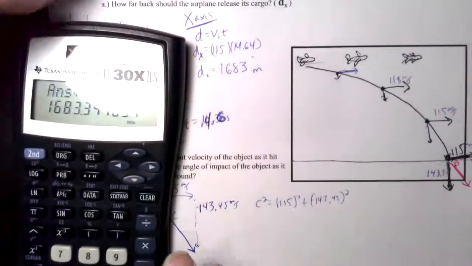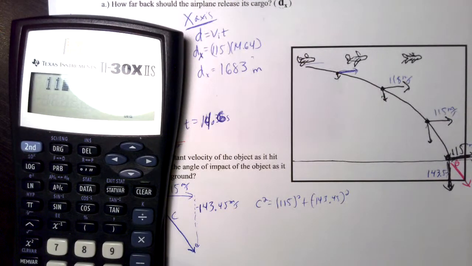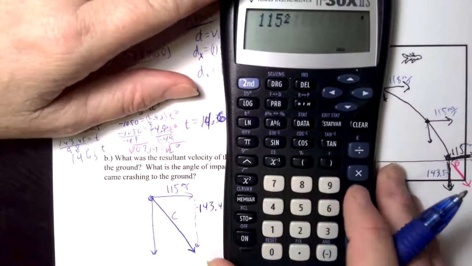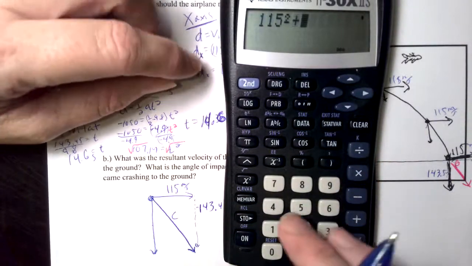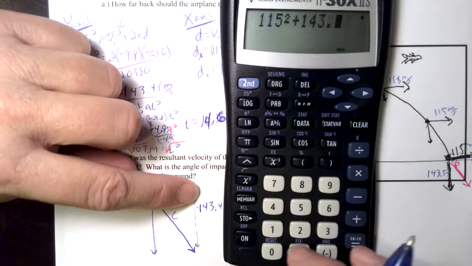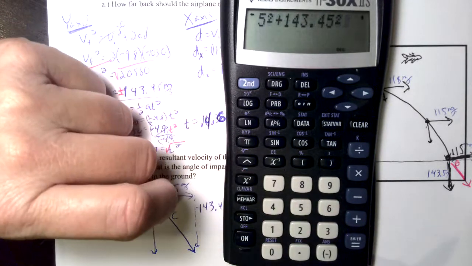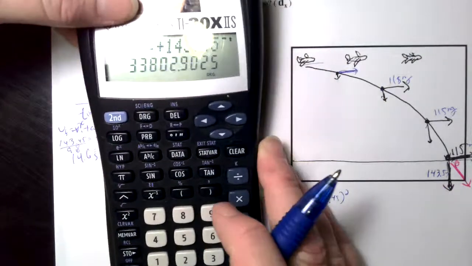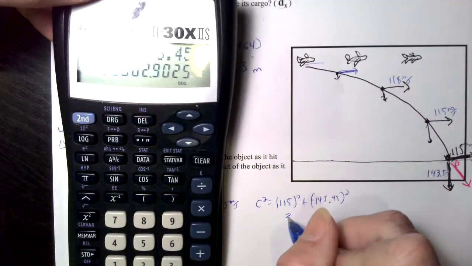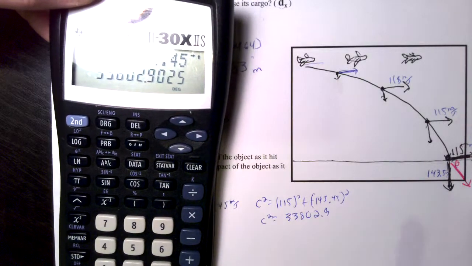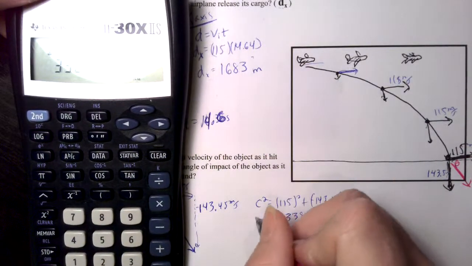Put that in. 115 squared plus 143.45 squared. Get that number. Ooh, that's a huge number. 338,029 equals C squared. Square root both sides.